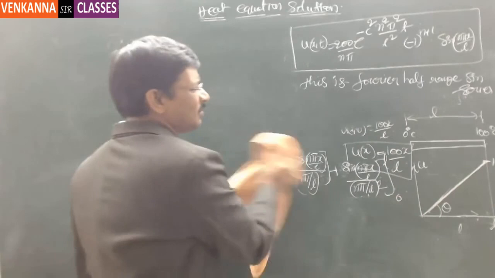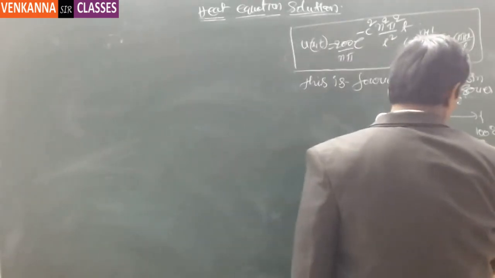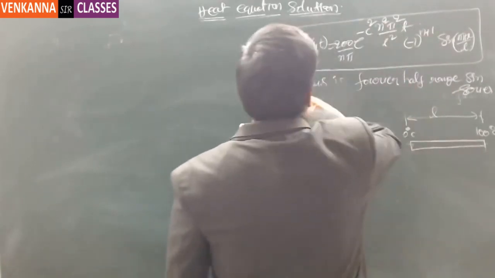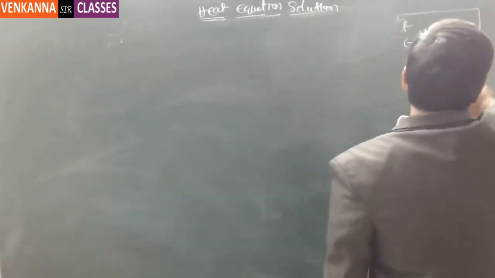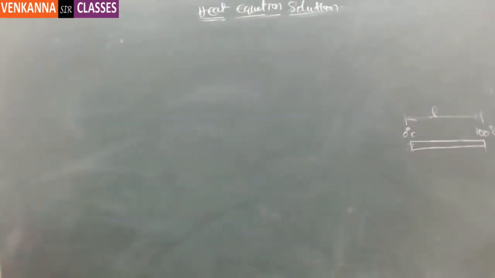So in the same problem statement, there is an extension that makes it a little complicated. Note down that extension: solve the same problem if the change consists of raising the temperature of A to 20 degrees centigrade and reducing that of B to 80 degrees centigrade.